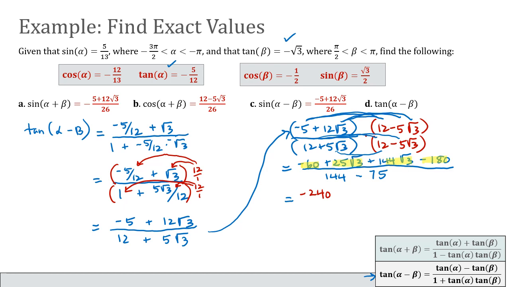And they both are root 3, so that's good. I can add those. 25 plus 144 is 169 root 3. And in the denominator, 144 minus 75 is 69. Now there are no common factors here, and so there's nothing left to reduce, and we are done.